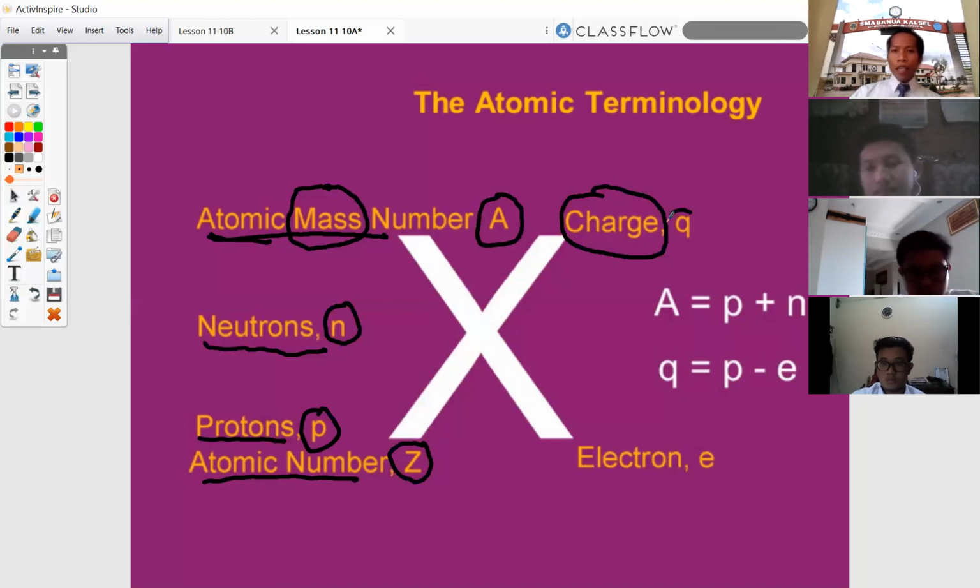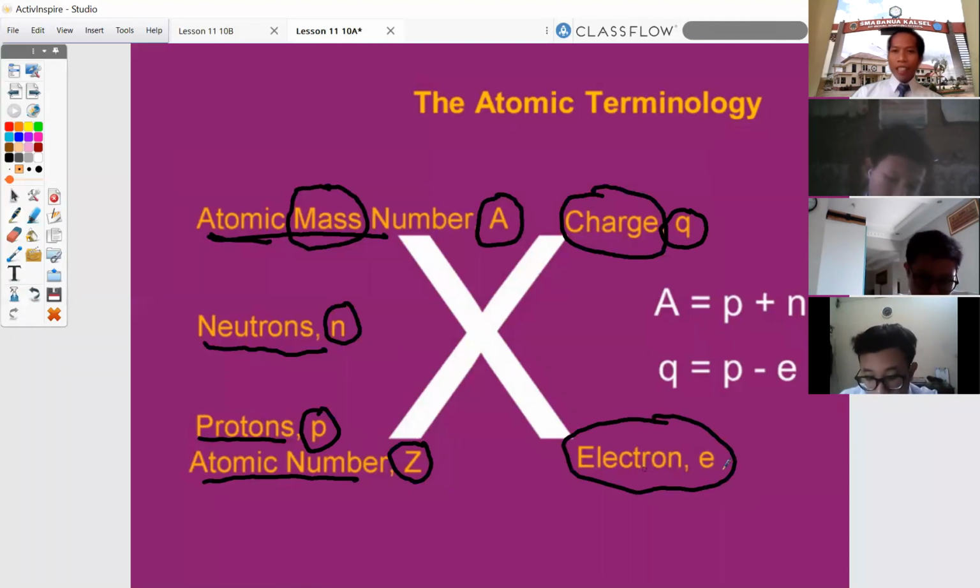Charge is denoted by Q. And we have also the number of electrons, denoted by E.